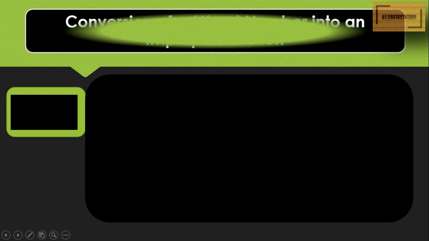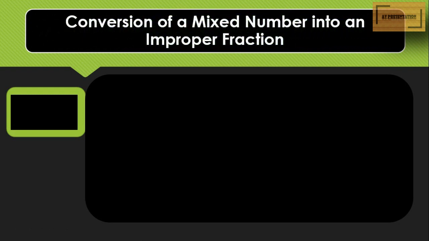Now next point, conversion of a mixed number into an improper fraction. Students, here is given 2 complete 1 upon 5, that is a mixed number, and 11 upon 5, that is an improper fraction. How do we convert that fraction? Let's learn.